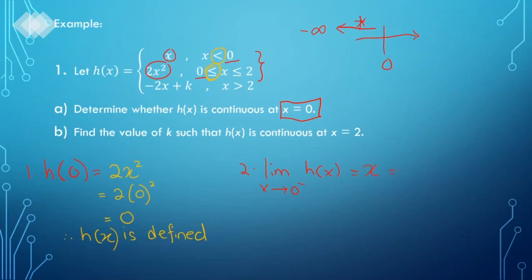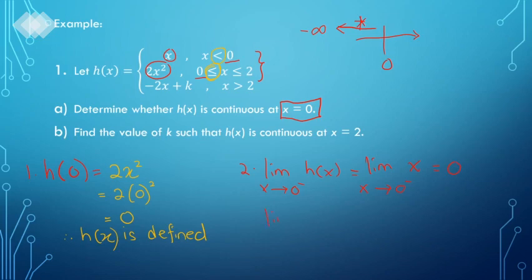So less than 0, the upper function, x. So substitute, sorry, we need to have the limit. So limit as x approaches 0 from the left is x. So substitute 0.